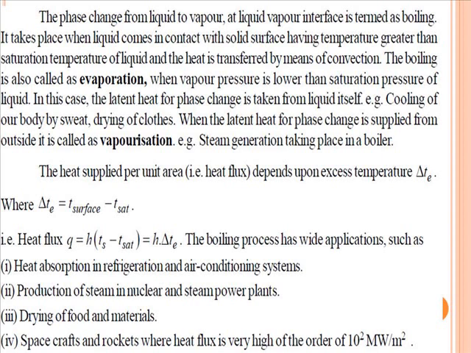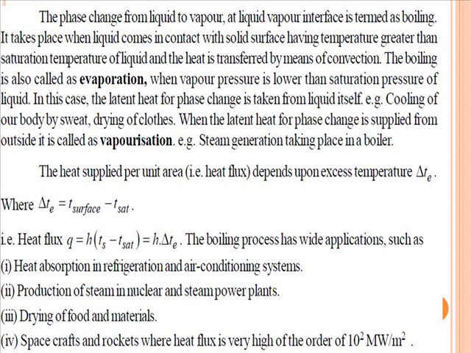So we can say that the heat supplied per unit area, that is Q by A, equals small q, also known as heat flux, depends upon the excess temperature delta Te. The excess temperature delta Te equals surface temperature minus saturation temperature.